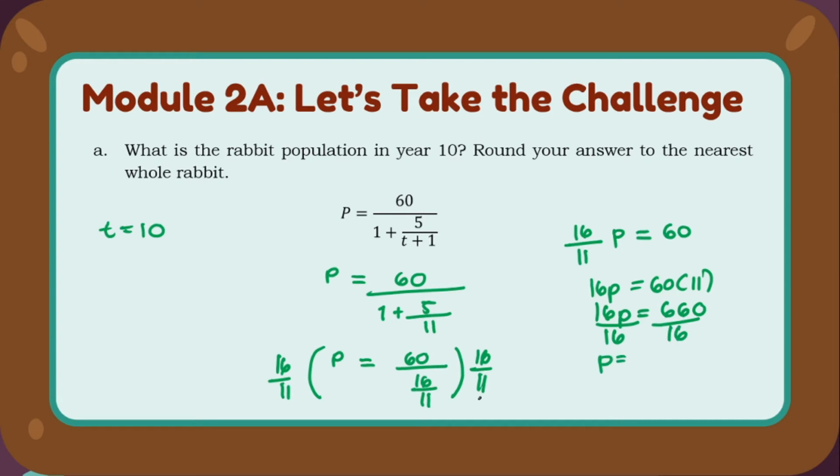P is equals to, what is 660 divided by 16? 660 divided by 16 is equal to 41.25. Let us round this off to the nearest whole number. Therefore, there will be 41 rabbits in 10 years.